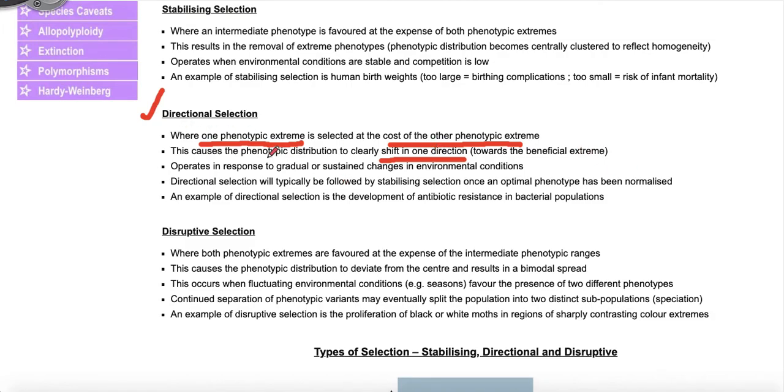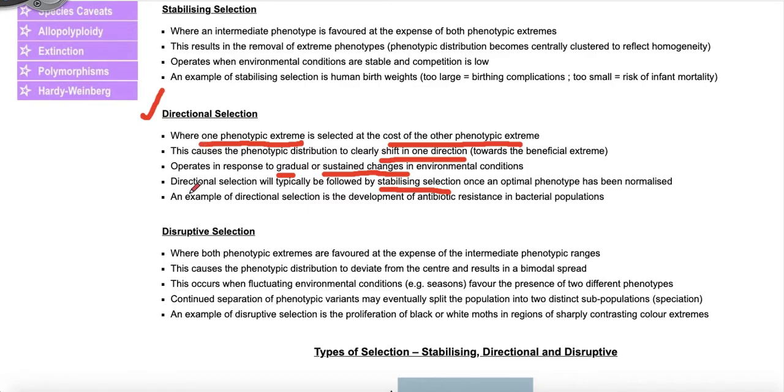And this operates gradually over sustained changes in the environment. Eventually, after there's been directional selection, you might be followed by stabilizing selection as that one phenotype becomes the norm.